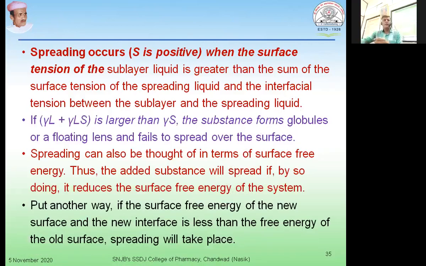In another way, we can say that if the surface free energy of the new surface and the new interface is less than the surface free energy of the old surfaces, then and only then will spreading take place.